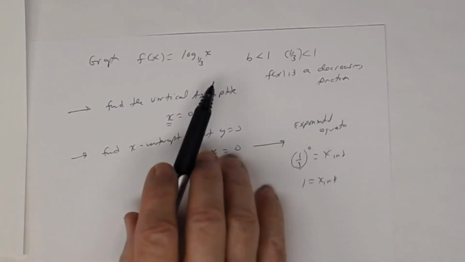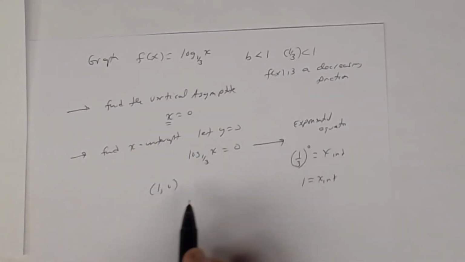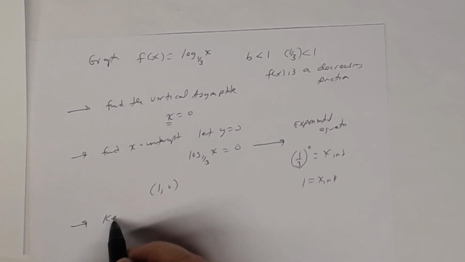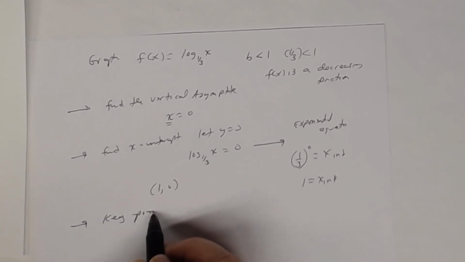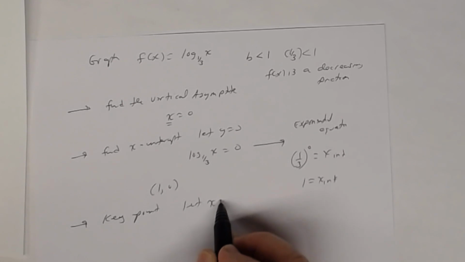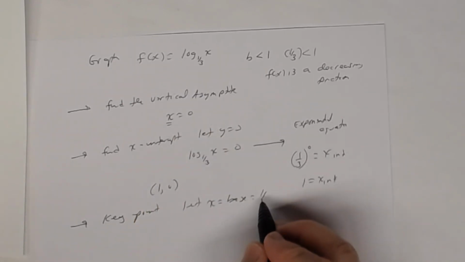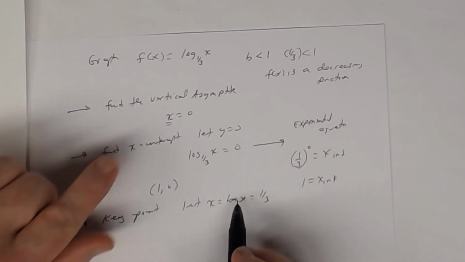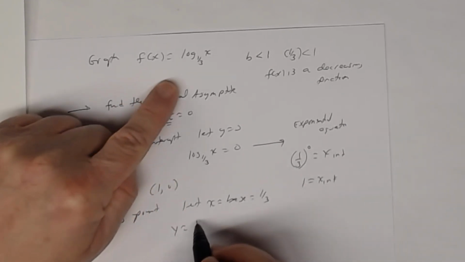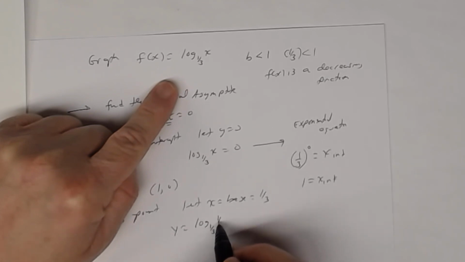So remember we said we always find that key point, let x equal the base, which in this case is 1/3. So if I let x equal 1/3, I get y equals log base 1/3 of 1/3.